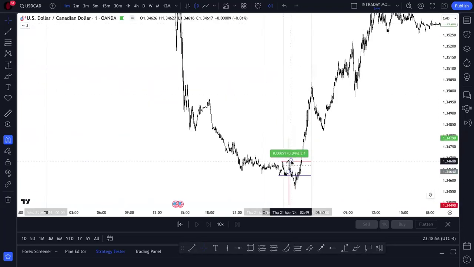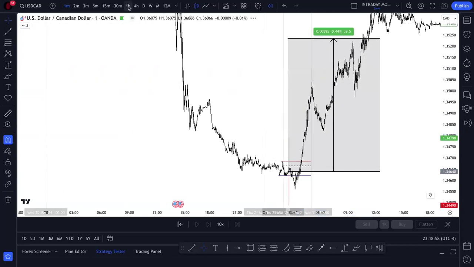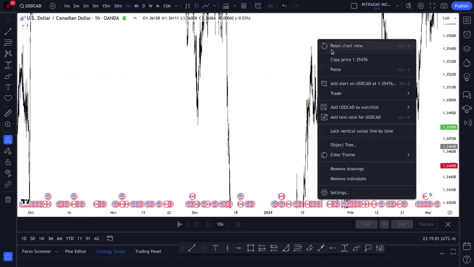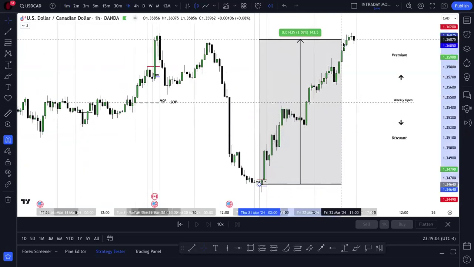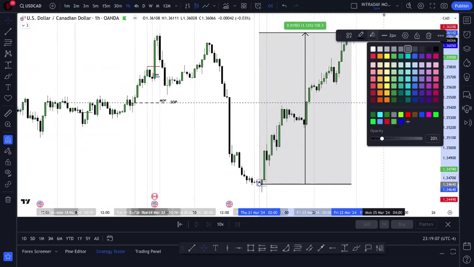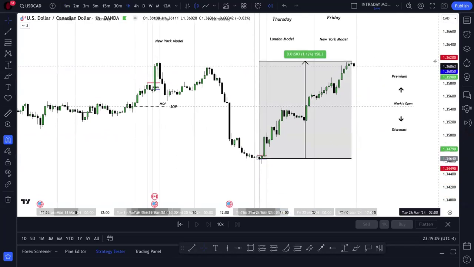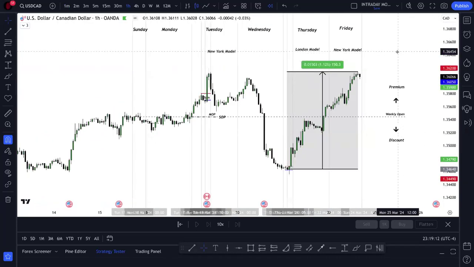Get it together, D. Go back on the hourly. 100 pips. That's over 100 pips, man, off of that one turning point in London.